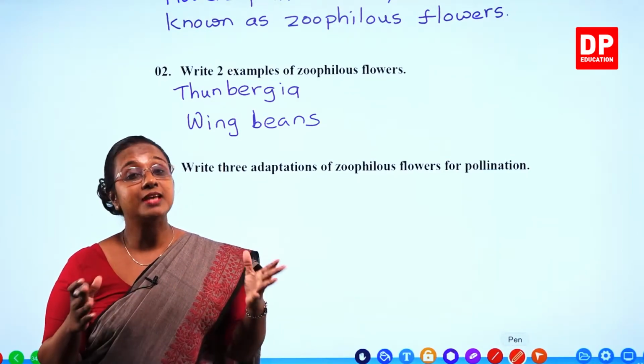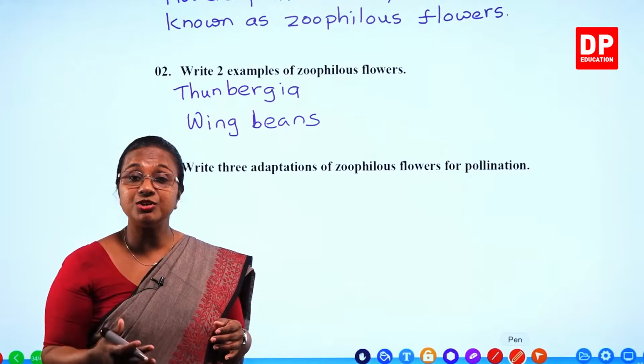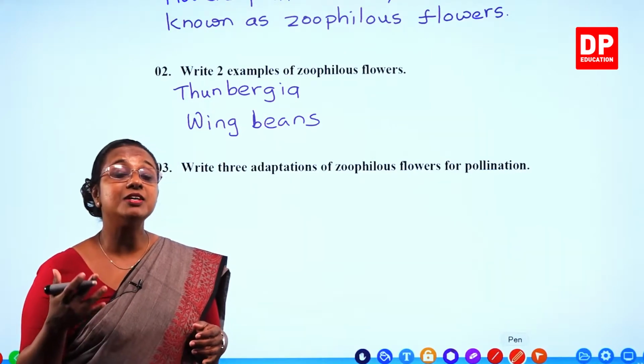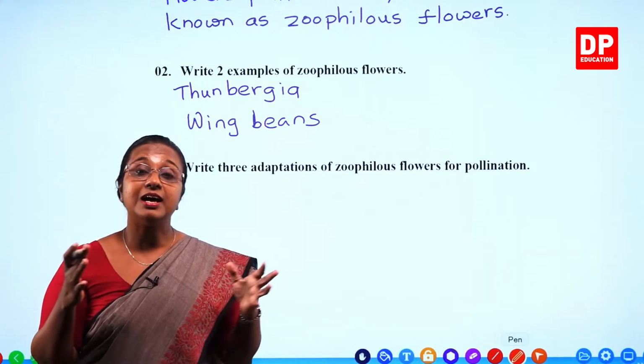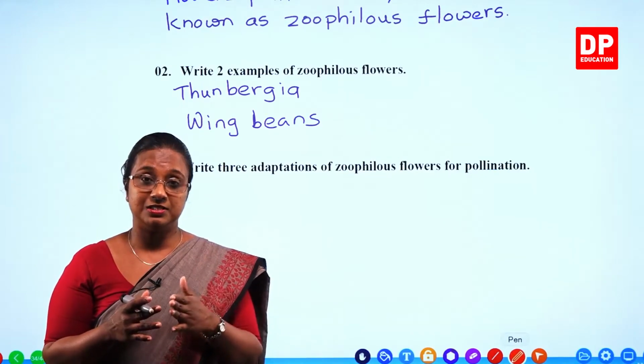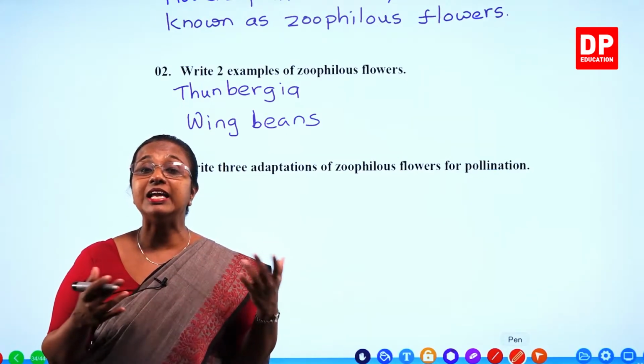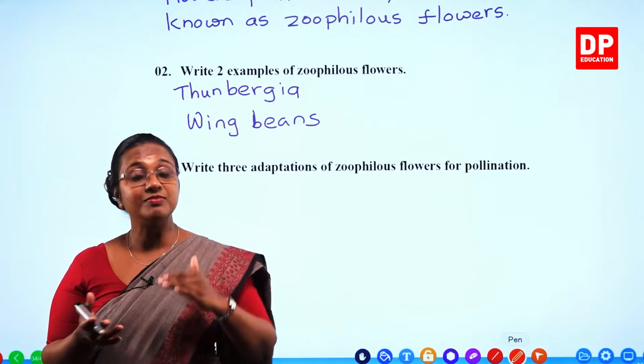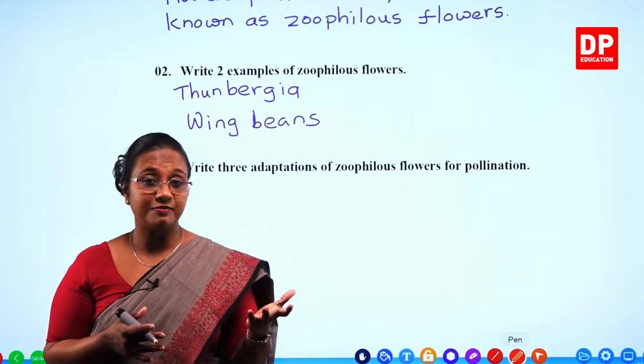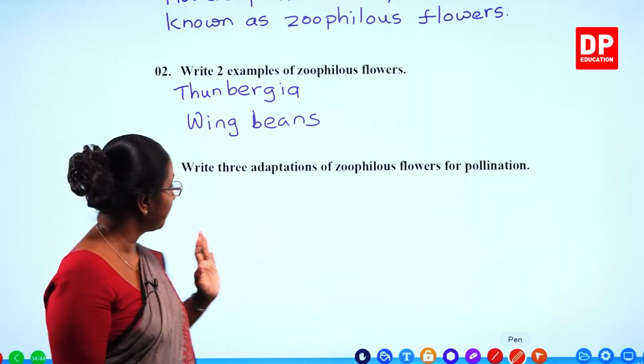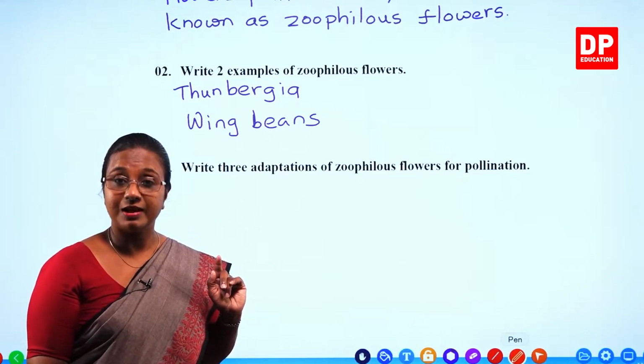In addition to that, the flowers will have shapes that are there to cheat the animals so that the flowers look like insects. So the animals will get attracted to the flowers. That is also an adaptation of Zoophilus flowers.